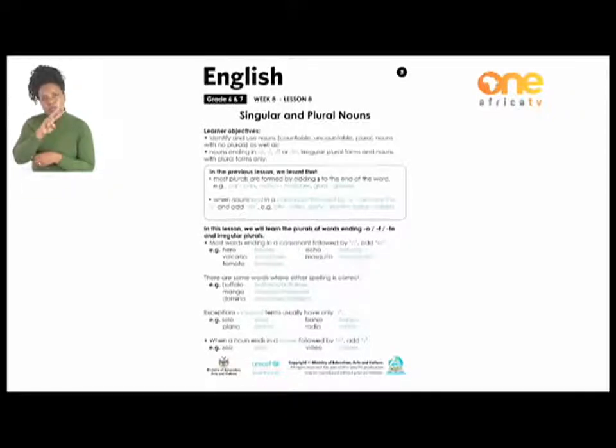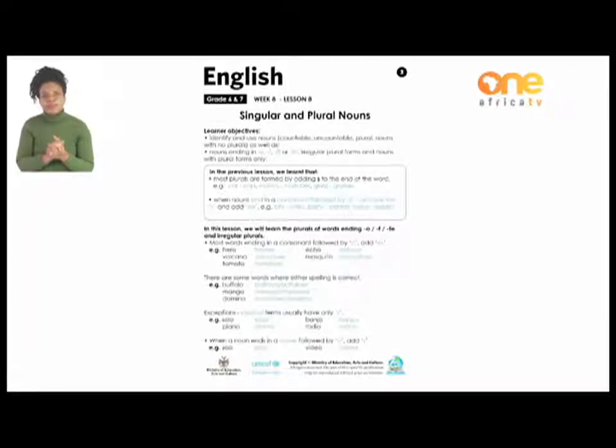In other words, you can only add an S or you add ES. For example, buffalo, it's buffalos with an S or buffaloes with ES. Mango, mangos or mangoes. Domino, dominoes, dominos with only one E. However, there are exceptions.